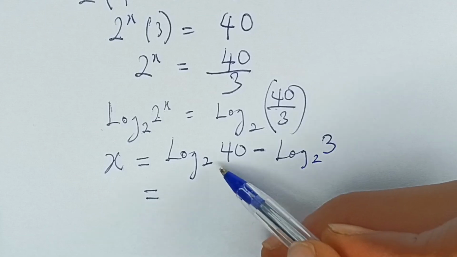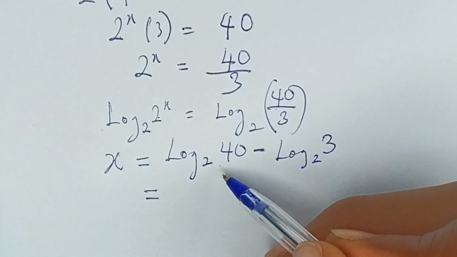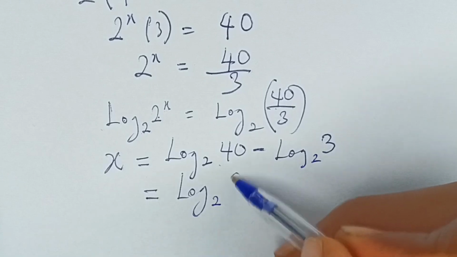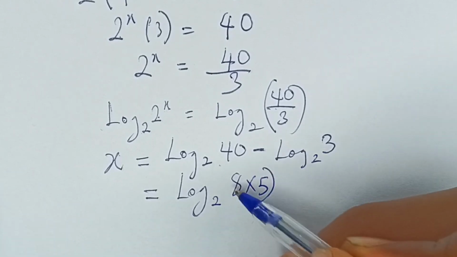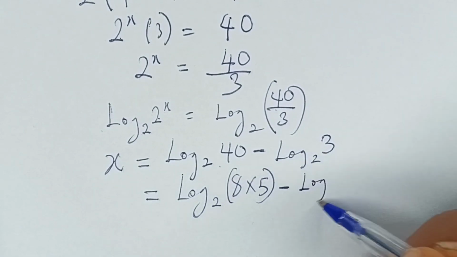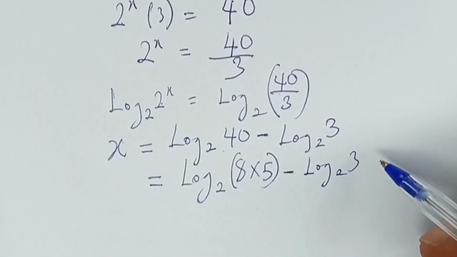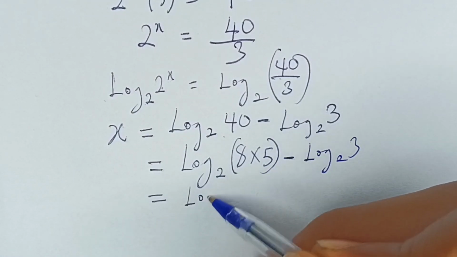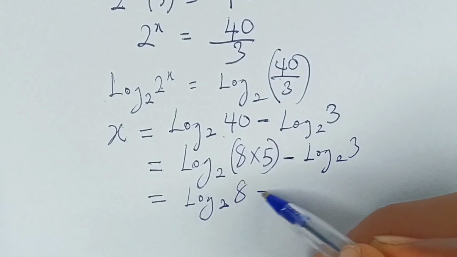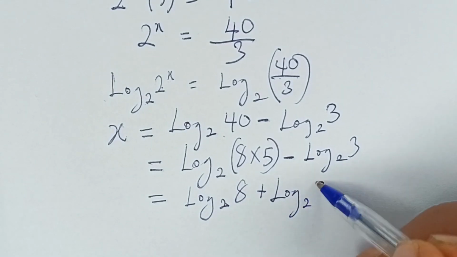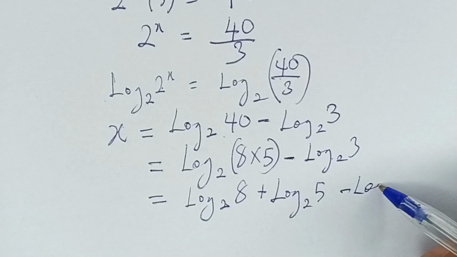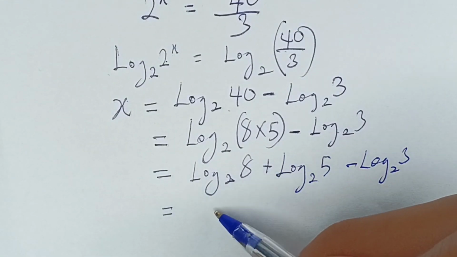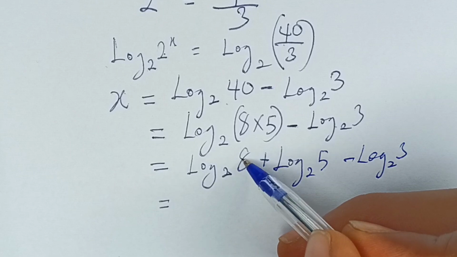This now becomes equal to logarithm to base 2 of 40, which is the same as logarithm to base 2 of 8 times 5, minus logarithm to base 2 of 3. Now, logarithm to base 2 of 8 times 5 can be written as logarithm to base 2 of 8 plus logarithm to base 2 of 5 minus logarithm to base 2 of 3. Logarithm to base 2 of 8 can be re-expressed, as 8 is 2 raised to the power 3.